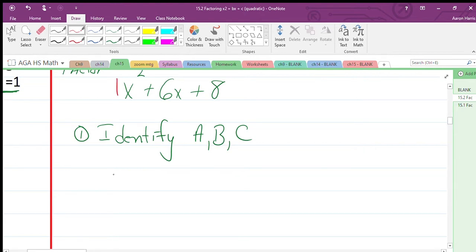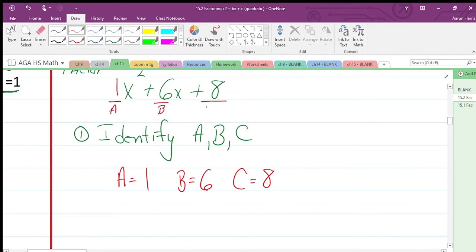It's just an understood what? 1. What's B? Correct. 6. And what's C? Correct. 8.